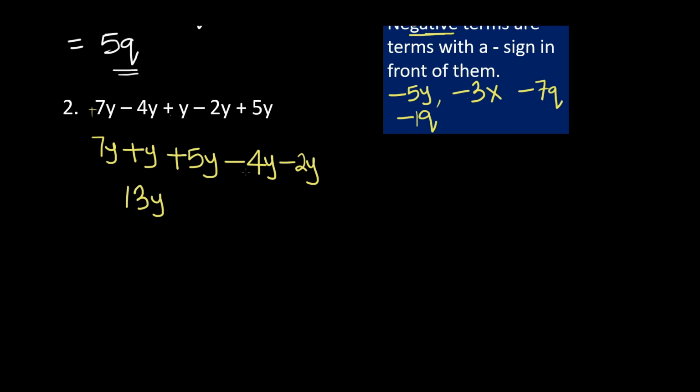So if I say negative 4y minus 2y, that would give us negative 6y. So right now we have 13y minus 6y. So 13y minus 6y will give us 7y. So we have been able to simplify this problem set and arrive at the final answer of 7y. I hope you all understand this concept.